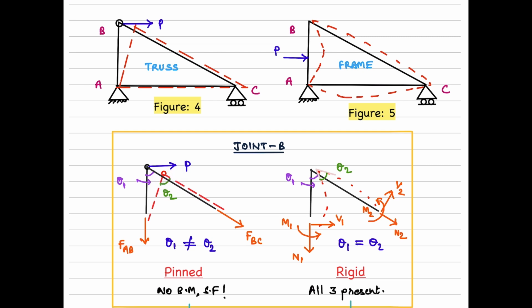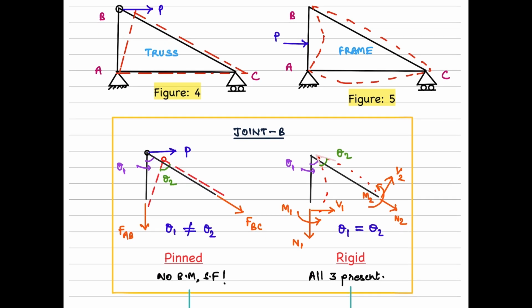So in the case of a truss, these two angles will not be the same. That is, the angle between two members connected at a pin joint changes once the load is applied. However, in the case of a frame, these two don't differ. To put it otherwise, the angle between any members connected at a rigid joint is preserved even after deformation, that is, even after loading. That's what I mean here by theta 1 equal to theta 2.